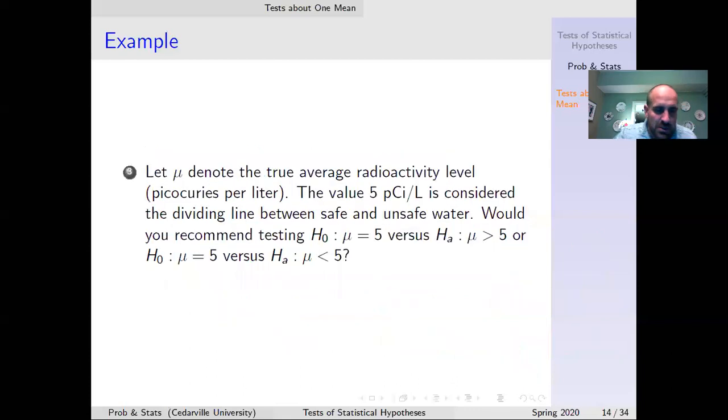So next example, let mu denote the true average radioactivity level in picocuries per liter. The value of 5 picocuries per liter is considered the dividing line between safe and unsafe water.